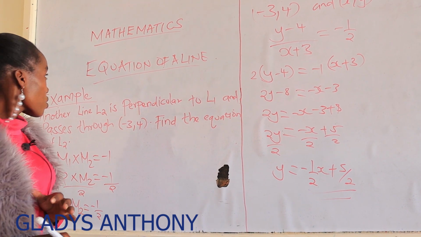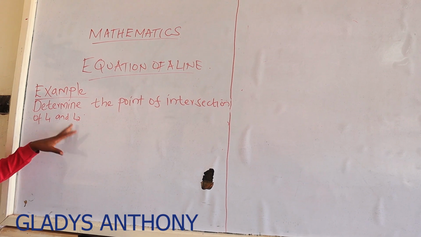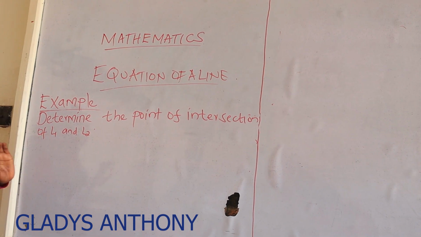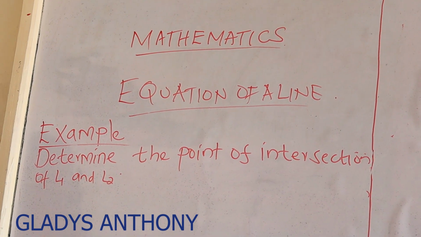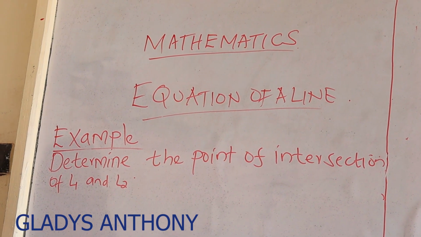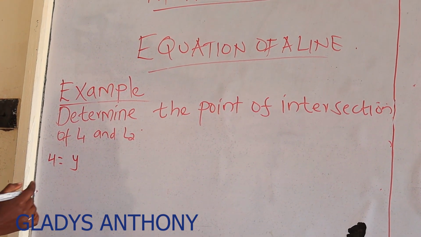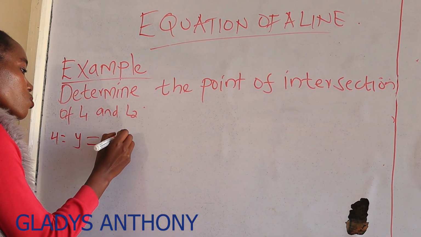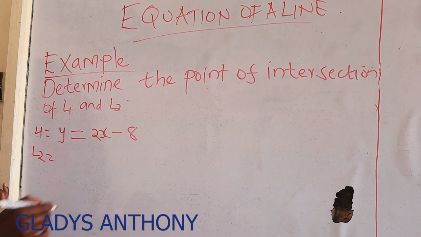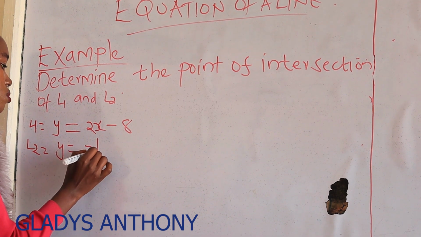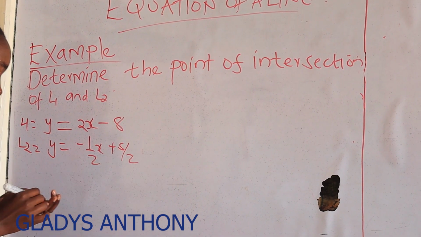So let's go to the next part. The third part of the question requires us to determine the point of intersection of L1 and L2. We first write the equations. The equation of L1 was y = 2x - 4. The equation of L2 was y = -1/2 x + 11/2.